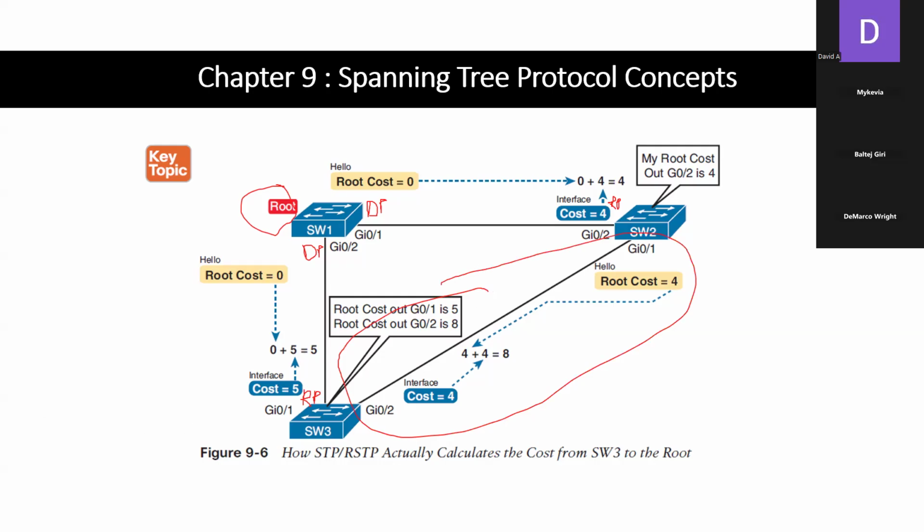So the final step in spanning tree is choosing the designated port on the non-root switch to non-root switch segment. The switch with the lowest root cost wins the competition. Simple as that.